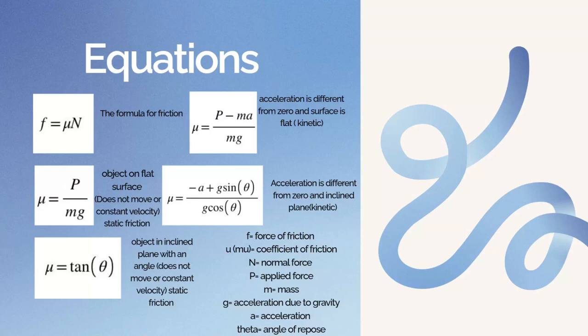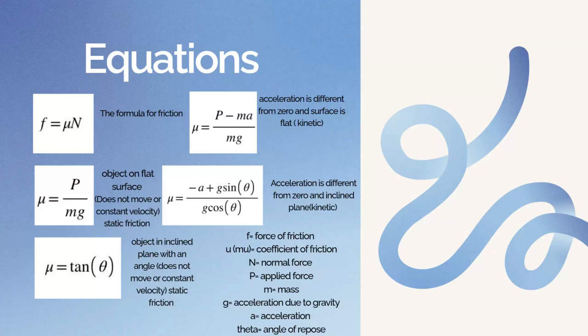The fourth formula that we have is mu equals (P minus M times A) over (M times G), and it is the formula for the kinetic coefficient of friction, and it is only used if the acceleration is different from 0 and if the object is on a flat surface.